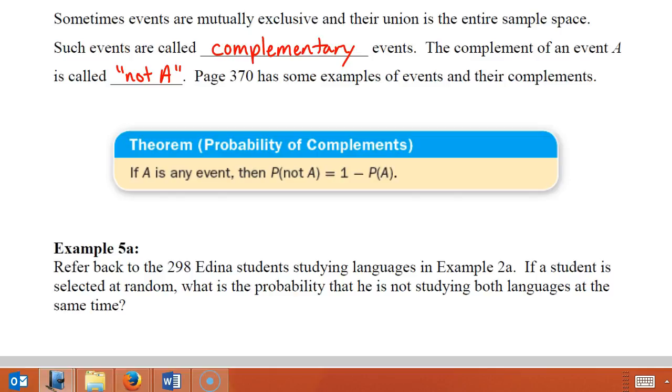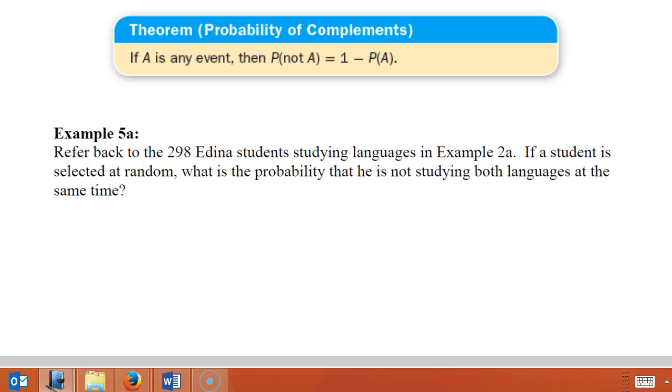So the complement of event A would be called not A. Or if we look at this theorem, to find the probability of it not being A, we just take 1 minus the probability of event A. For example, let's refer back to the previous example we were looking at earlier, where we had 298 students studying languages, the Spanish and the French languages. If a student is selected at random, what is the probability that he is not studying both languages at the same time?